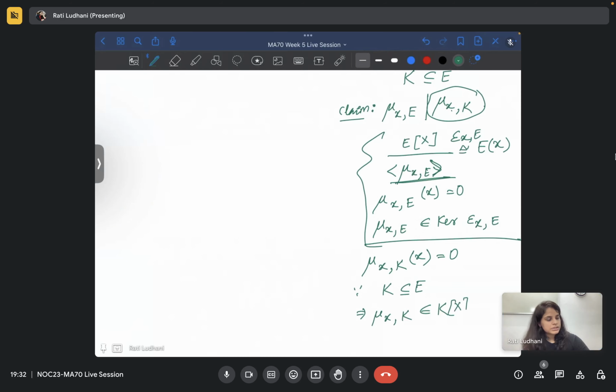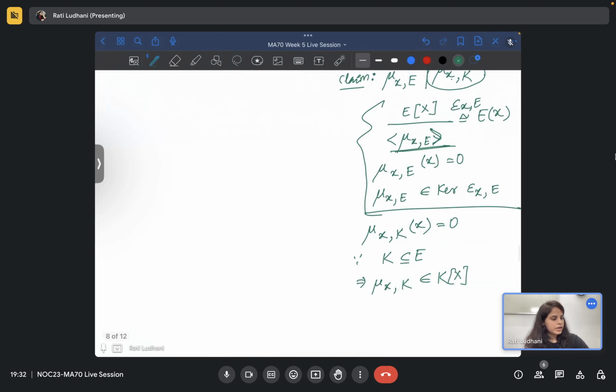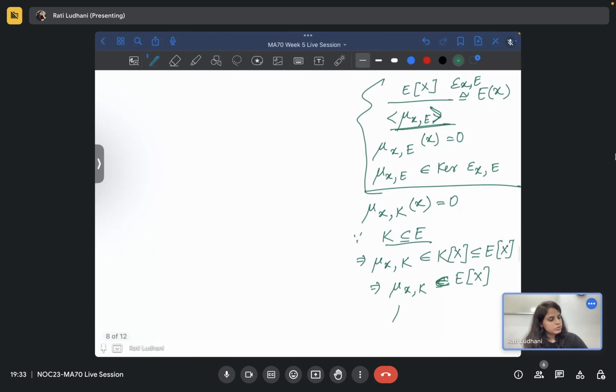Because this is a minimal polynomial of x with coefficients in k, and K is contained in E, that means Kx is contained in Ex. So this implies mu xk belongs to Ex. And you also know that mu xk, when you evaluate at x, is 0.